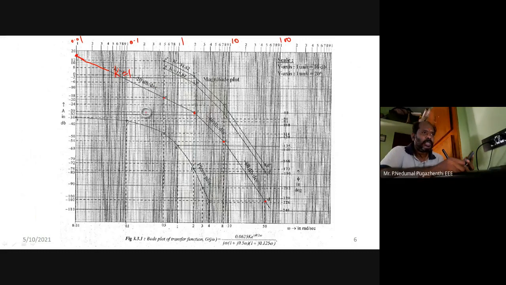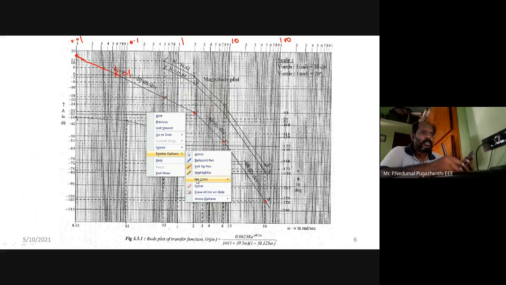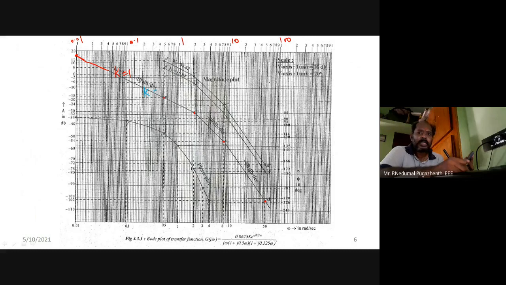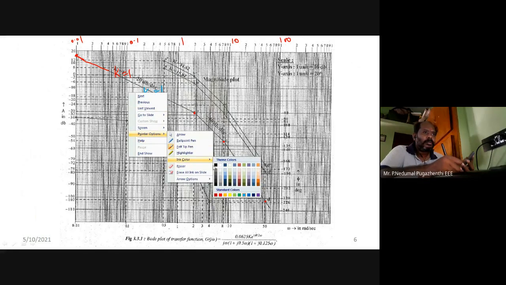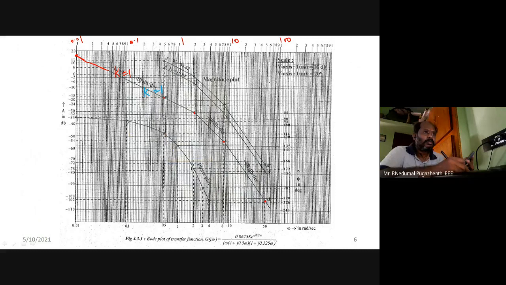Let me choose a different color so that it is visible much more. Now is it visible? K is equal to 1. Here I will take a black color itself. This diagram is for k equal to 1.